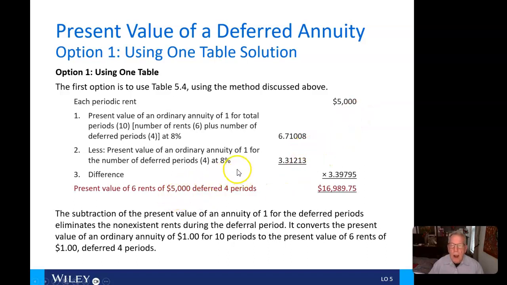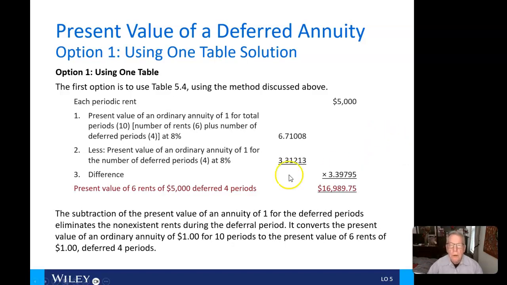Now we're going to subtract out the present value here of 4 deferral periods at 8%. I'll go into 8% here, find 4 deferral periods. I get 3.31213. I got that one. And for 6 periods, then that would be the other one at 8%.